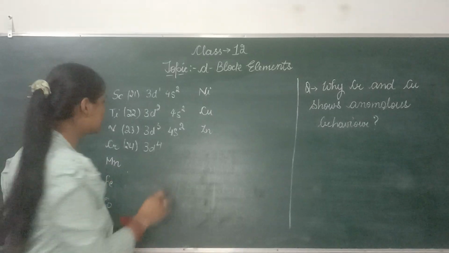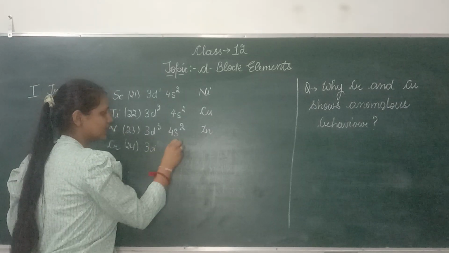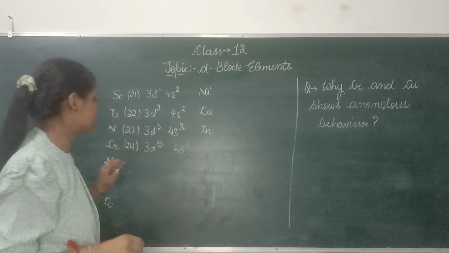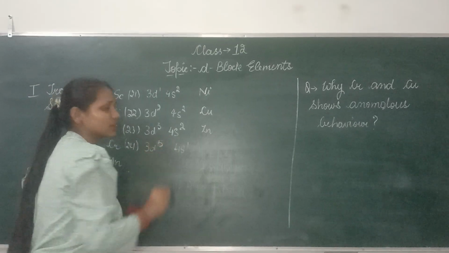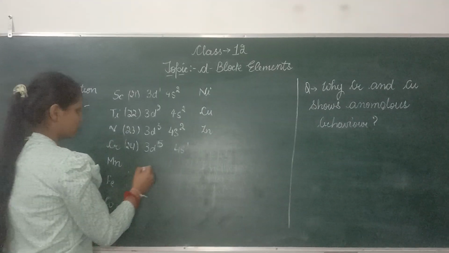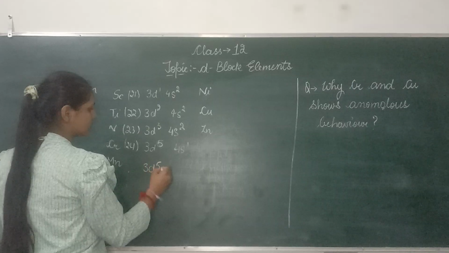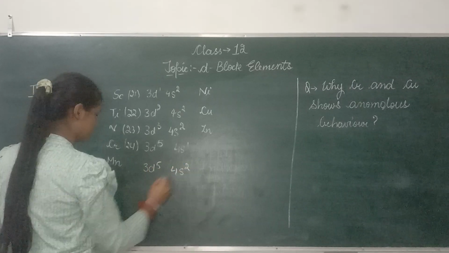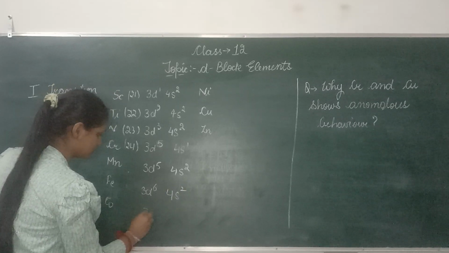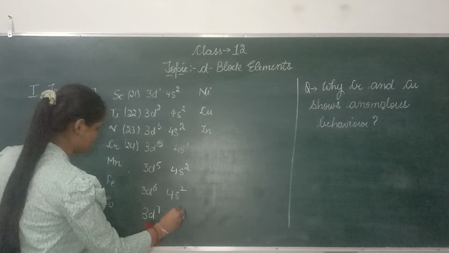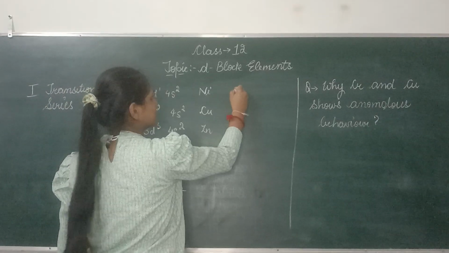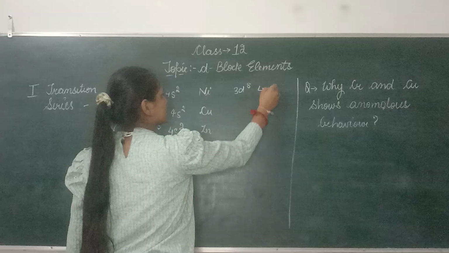The d orbital occupies one electron from the s orbital and the configuration becomes 3d5 instead of 3d4. Then manganese is 3d5 4s2, iron 3d6 4s2, cobalt 3d7 4s2, nickel 3d8 4s2.